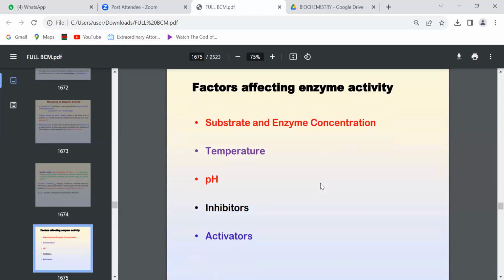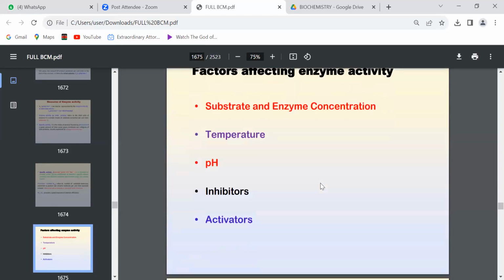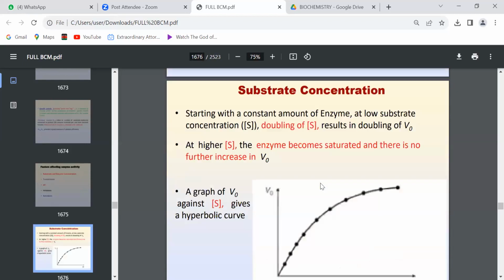So for substrate and enzyme concentration, of course, if you increase the concentration of a substrate, then the reaction will proceed much faster. But then again, it will only increase to a certain point until the substrate is so saturated that there is no further increase in the reaction rate or the velocity of the reaction.